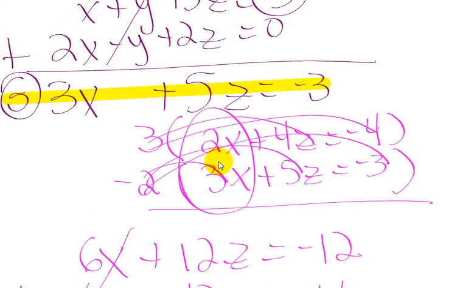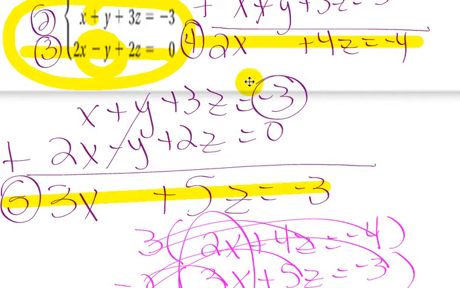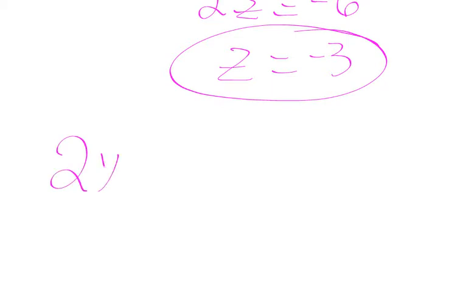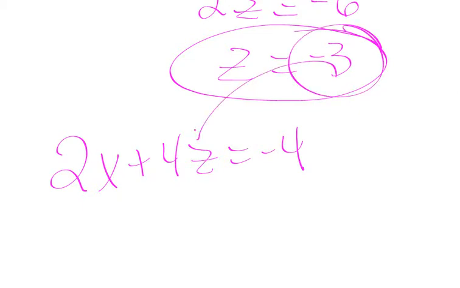So I will pick 4: 2x plus 4z equals negative 4. And we're going to plug in a negative 3 for z and solve for x.